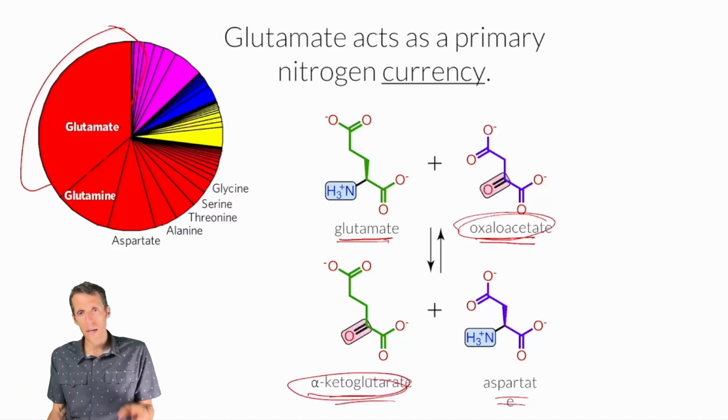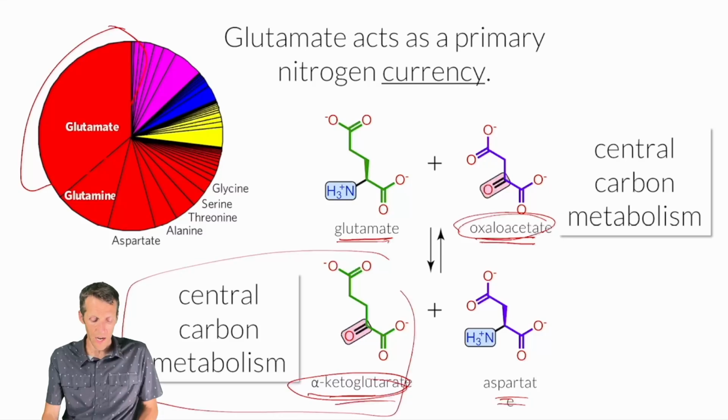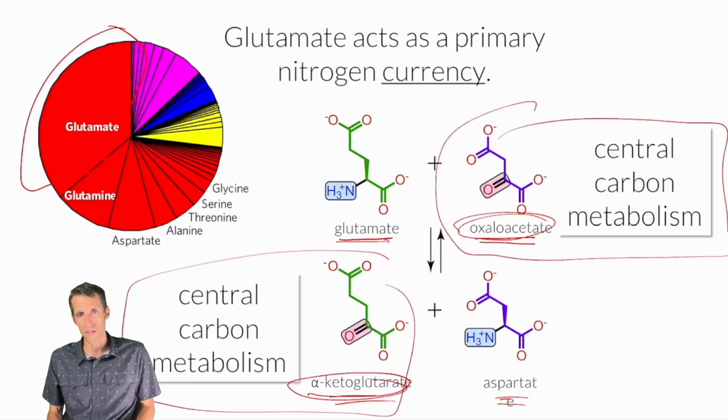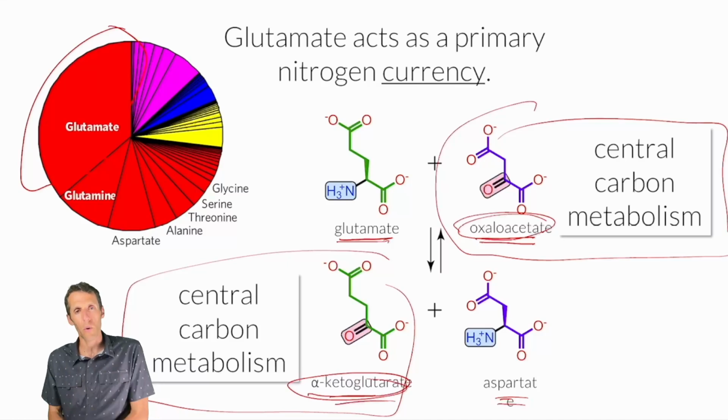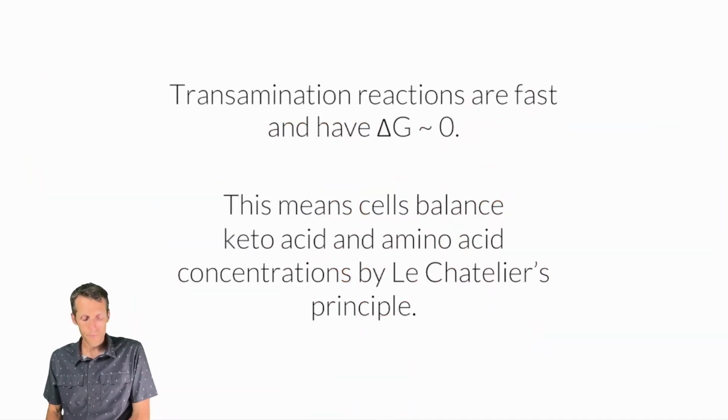And so we're plugging directly into central carbon metabolism with glutamate and aspartate, right? So that's part of the reason that these are such common amino acids. I wanted to put a box in that, I'm just highlighting, yes, these are plugged into a really critical central node in metabolism when we do glutamate and aspartate chemistry.